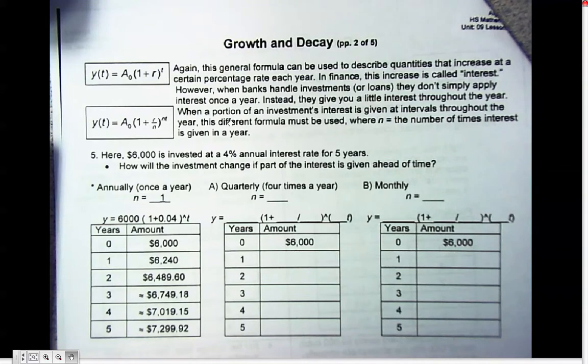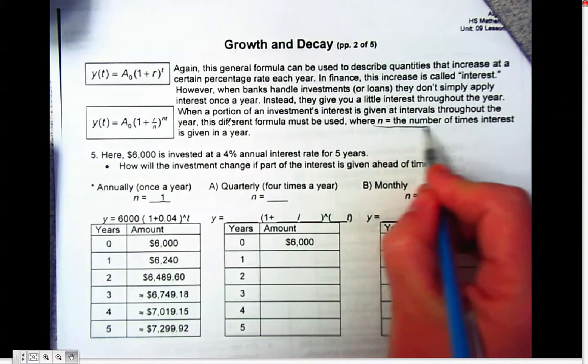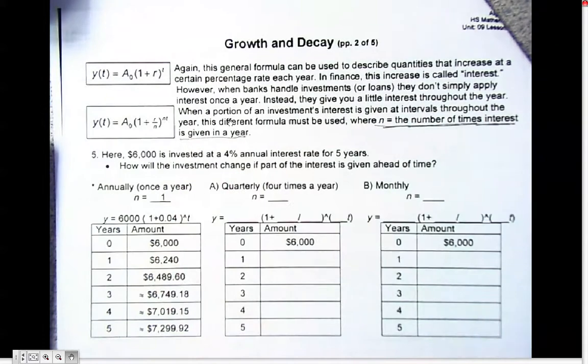However, when banks handle investments or loans, they don't simply apply interest once a year. Instead, they give you a little interest throughout the year. When a portion of an investment's interest is given at intervals throughout the year, this different formula must be used, this one right here, where n equals the number of times interest is given in a year.